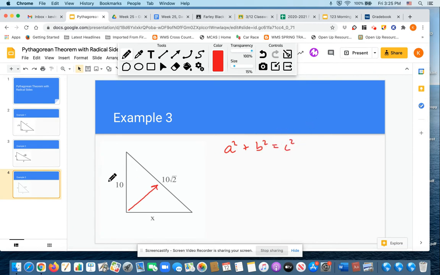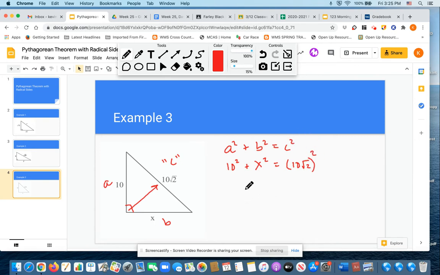Just like all the others, pick one side to be a, one side to be b, and the hypotenuse, the longest side, the one opposite the right angle, is your c. So let's plug it in. a, which is 10, and I'm going to square that, plus b, which is x, and I'm going to square that, is equal to c, which is 10 times the square root of 2, and then that's squared.